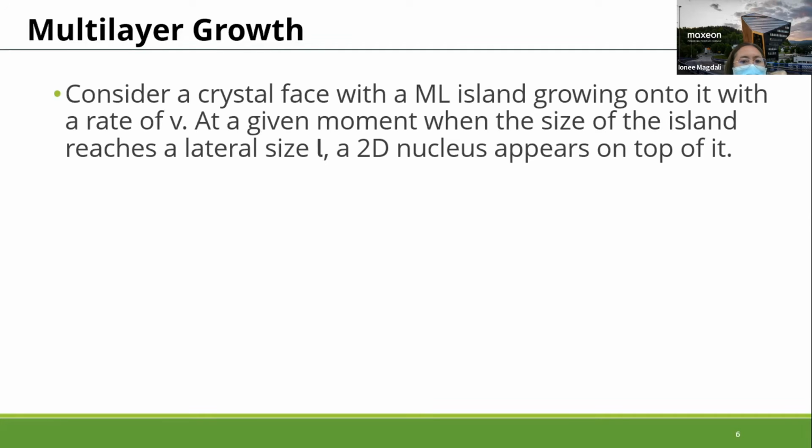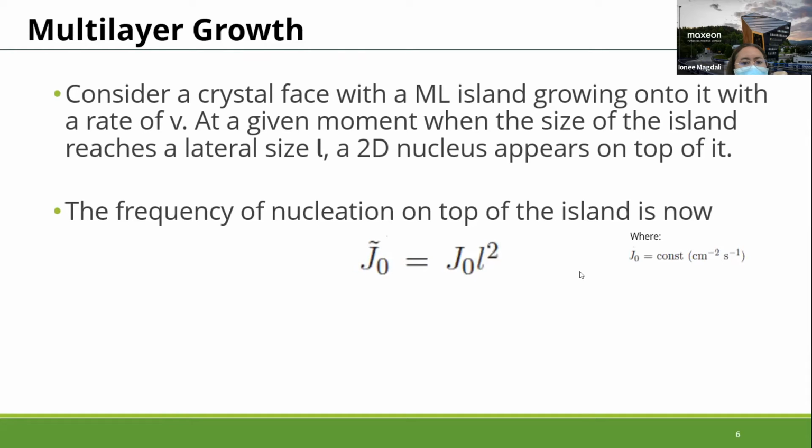So let's discuss the multilayer growth mechanism. We consider a crystal face with a monolayer island growing on it at a rate of V. At a given moment, when the size of the island reaches a lateral size L, a 2D nucleus appears on top of it. The frequency of nucleation on top of the island is given by this equation: J is equal to J naught L squared, where J naught here is a constant.